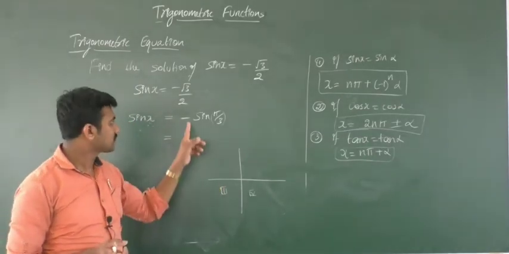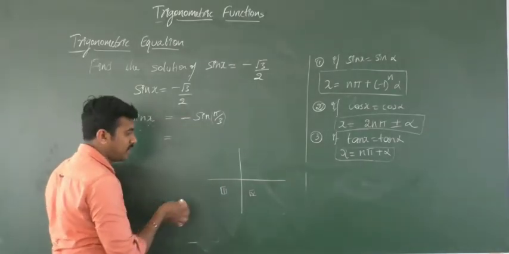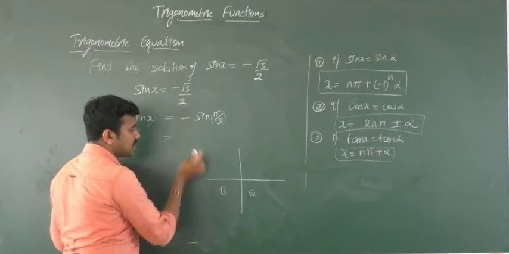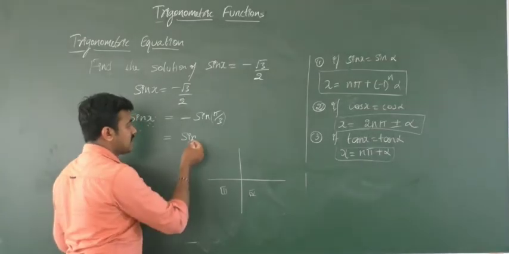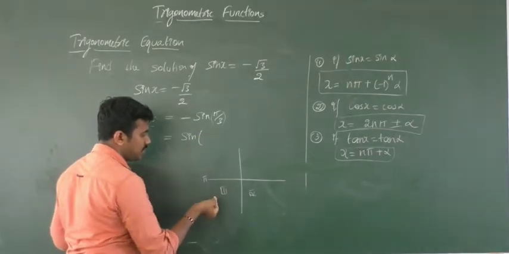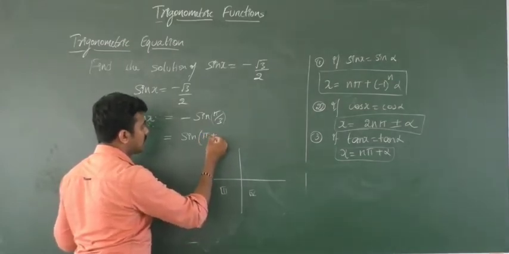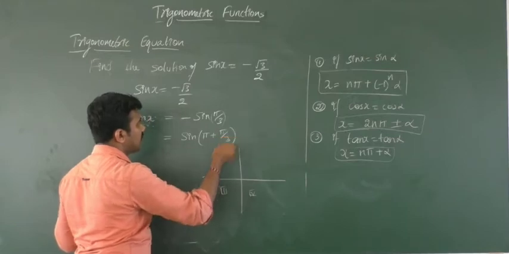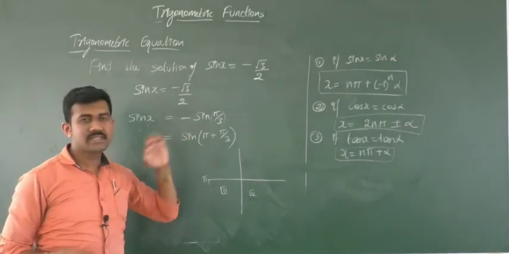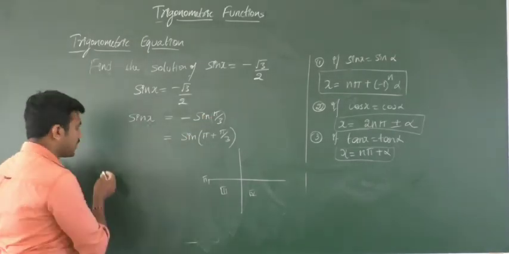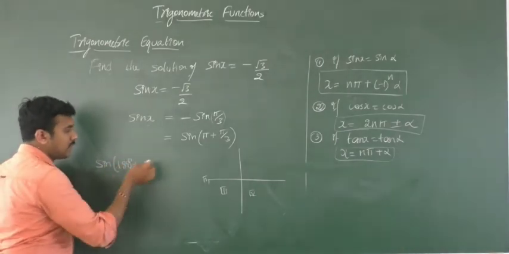Okay, see here. Now here we have minus pi by 3. If we take the third quadrant, how does the solution come? Sin, here this is pi, you know. If you add some value, pi plus pi by 3, you know clearly that is equal to minus sin pi by 3, because sin of pi plus pi by 3 is nothing but sin of 180 degree plus theta, I'll consider.